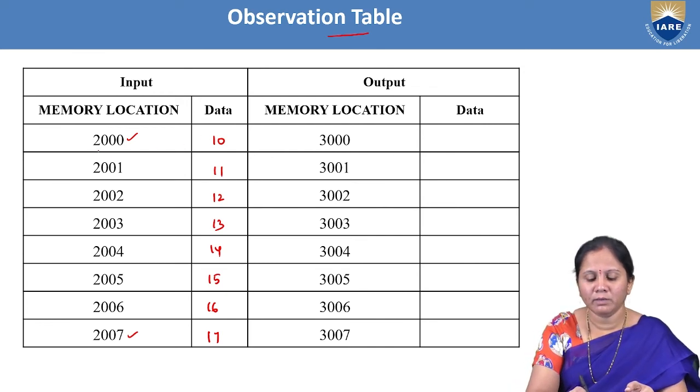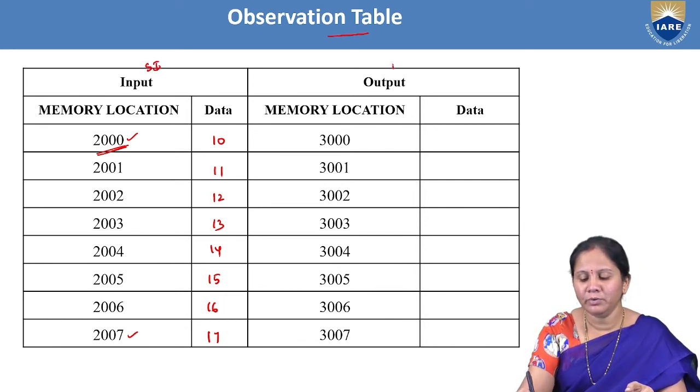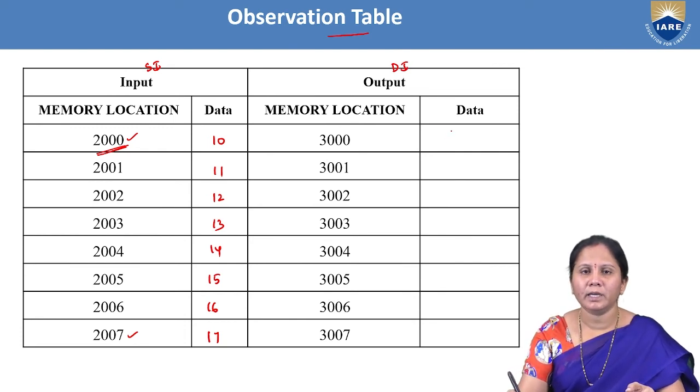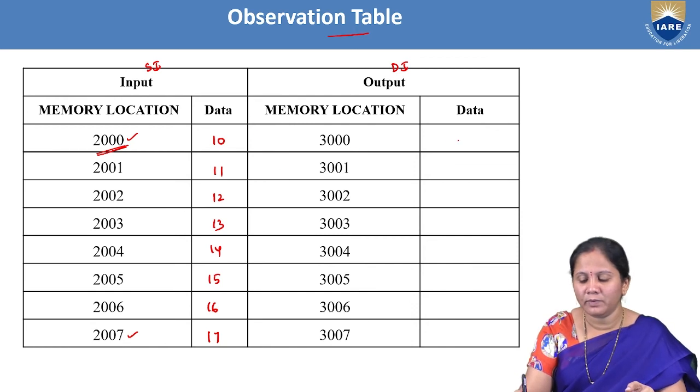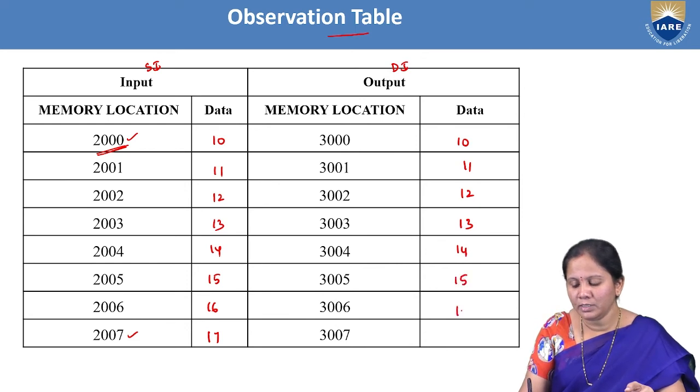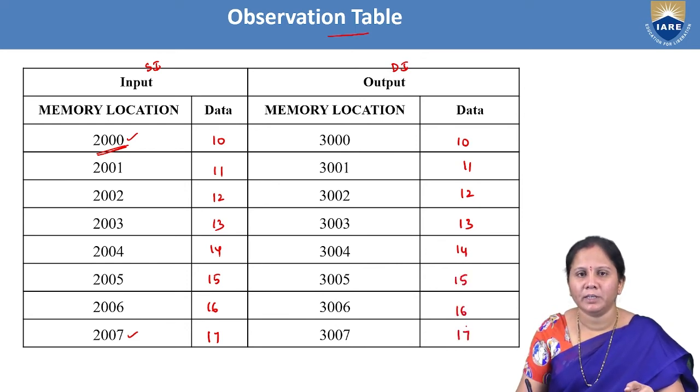The block of data present in this location will be moved from SI to DI. SI represents source index and DI represents destination index. So here we will have 10, 11, 12, 13, 14, 15, 16 and 17.